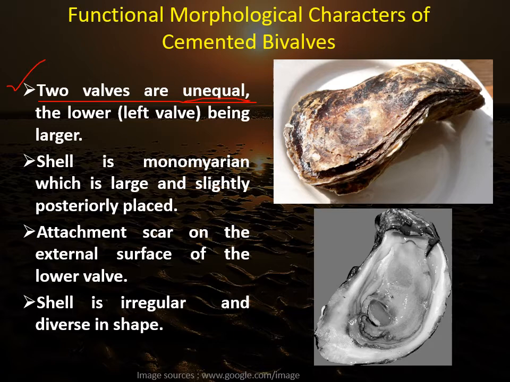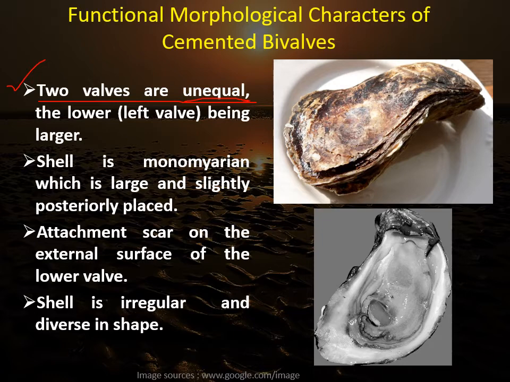That means if the two valves interact with the environment equally, then their size should be the same. Whereas when the two valves interact with the surrounding environment in different degrees, then the valve which interacts with the environment more will be of bigger size.